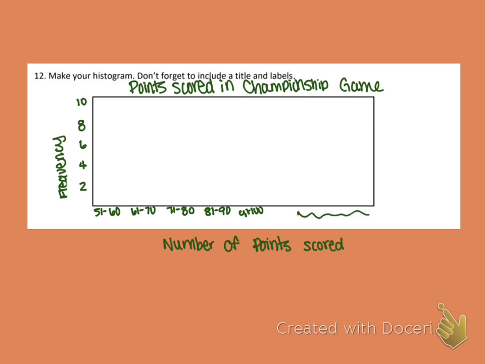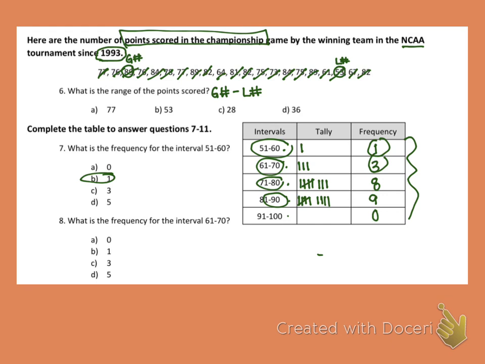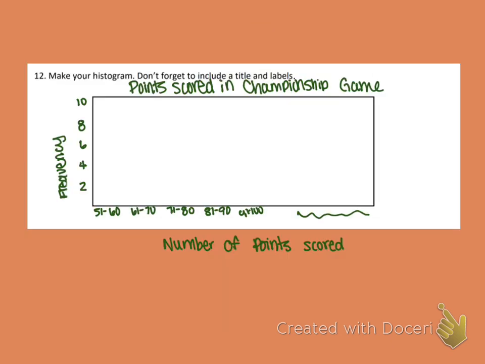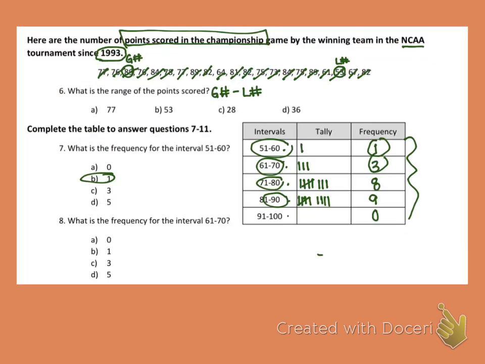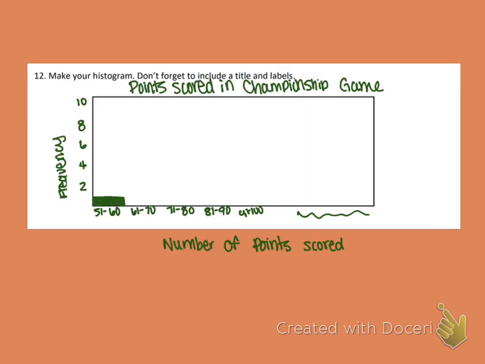51 to 60 was 1, so here I'm going to draw in between the numbers and color it in. Then 61 to 70 is 3, so that's in between the 2 and 4.